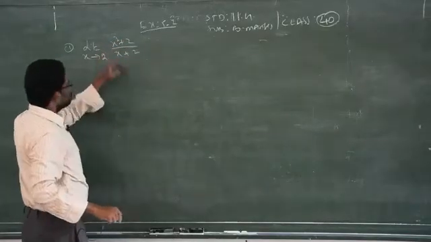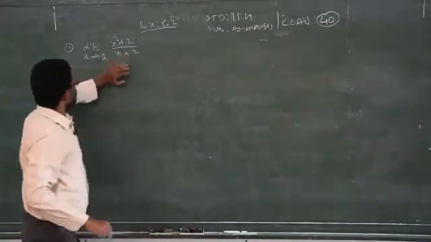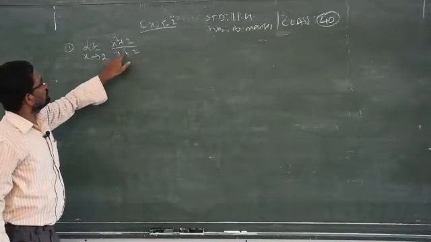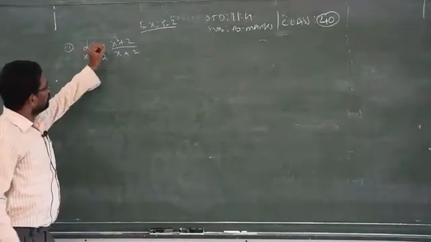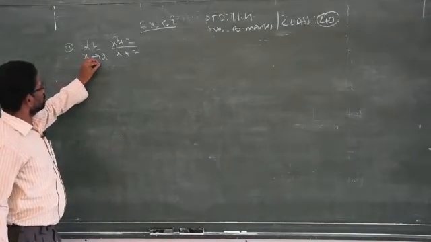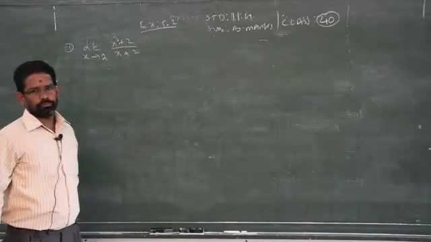Before you go to this problem, I want to tell you one thing. Your aim is not to lead to the denominator 0. When you replace x with the value given in the question, the denominator should not be equal to 0.